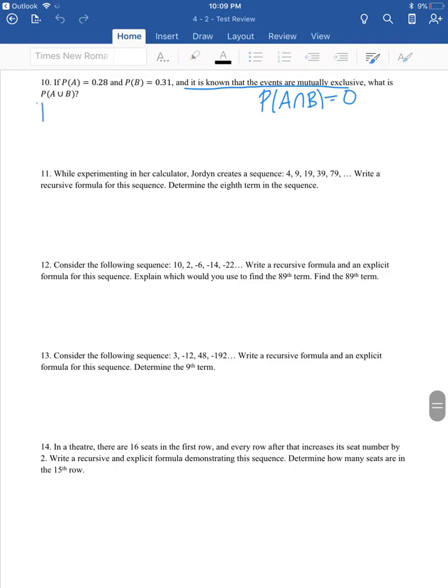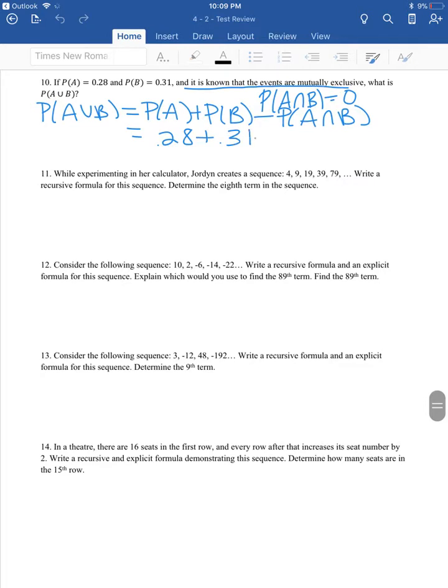So here we would do the probability of A or B. We have this formula: the probability of A plus the probability of B minus the probability of both. So here this is equal to 0.28 plus 0.31 minus 0. So the probability of A or B is 0.59.